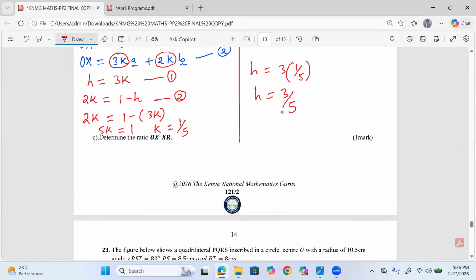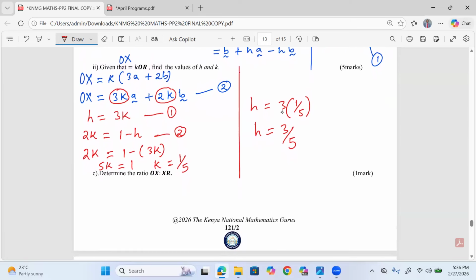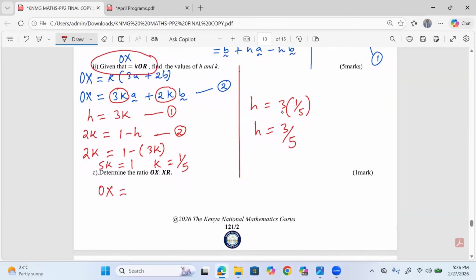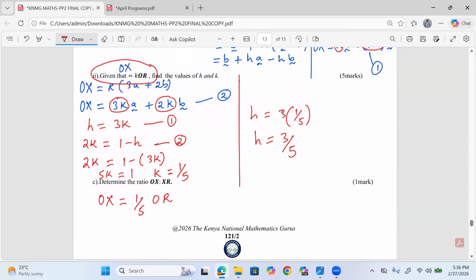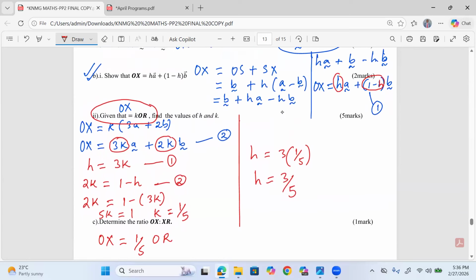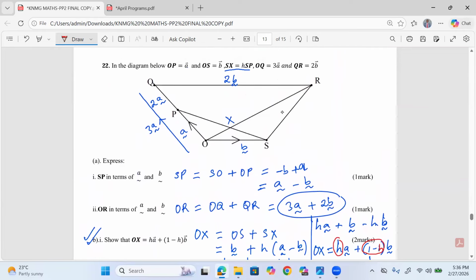Part C, we read it. Determine the ratio OX to XR. We've been told that OX equals K of R, where K is 1 over 5 of OR. Therefore, OX equals 1 over 5 of OR.